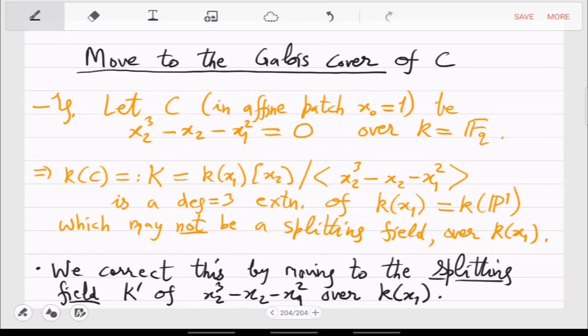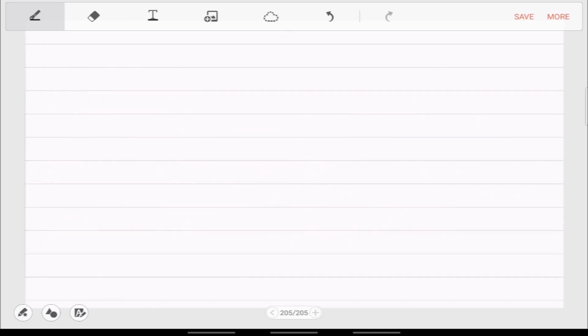Suppress x1 as a constant, and then it's a univariate polynomial of degree 3, and generally its splitting field will be actually degree 3 times 2, so degree 6. So K prime over k(x1) is 3 times 2.